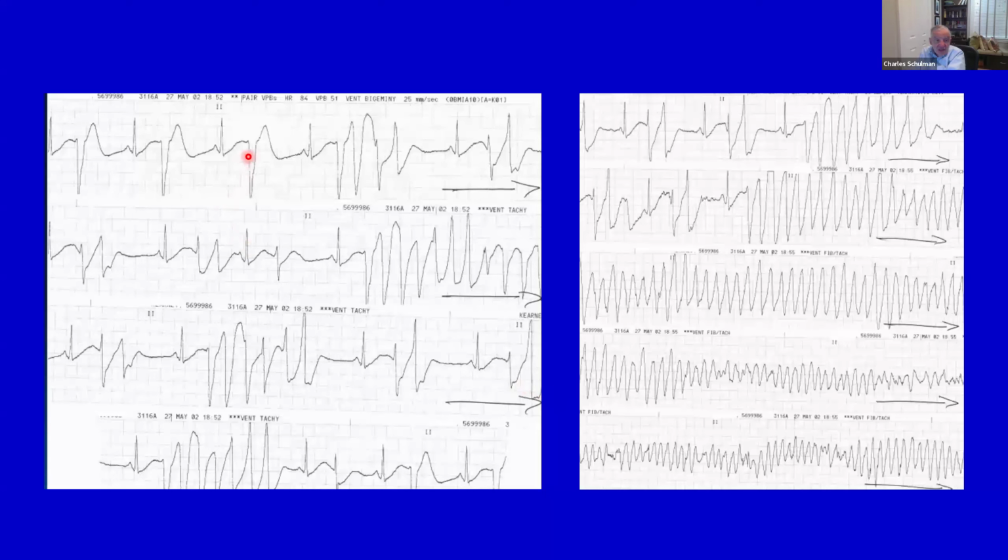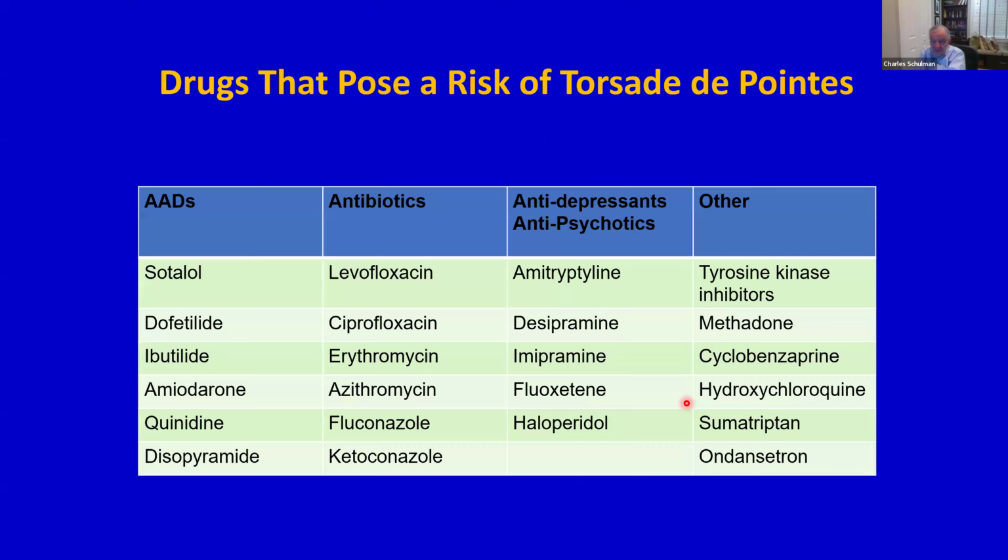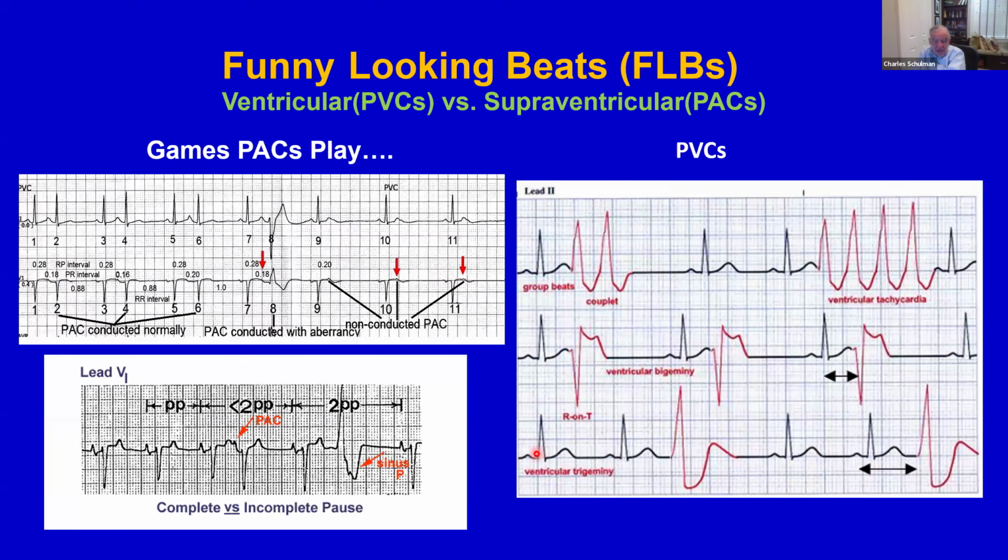You see, with a prolonged QT, you have much more time for the PVC to land in the vulnerable period, as you see here. Okay.